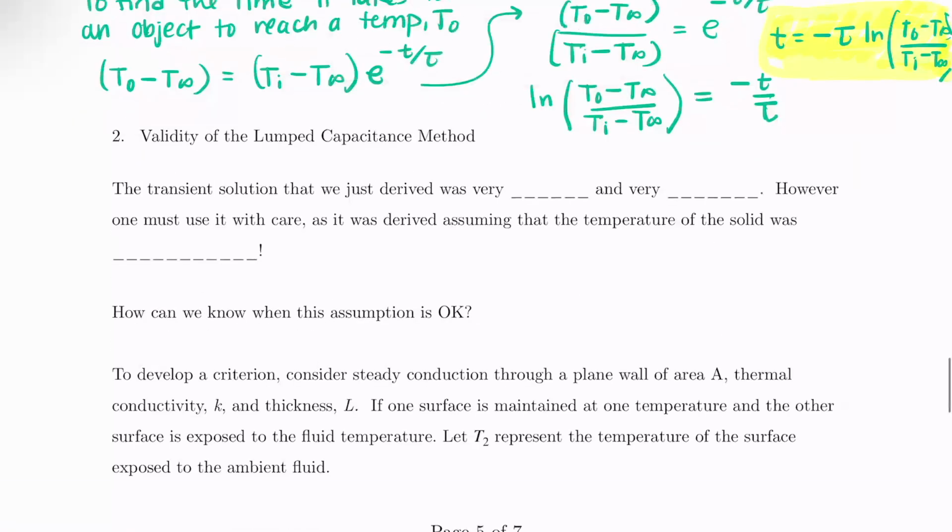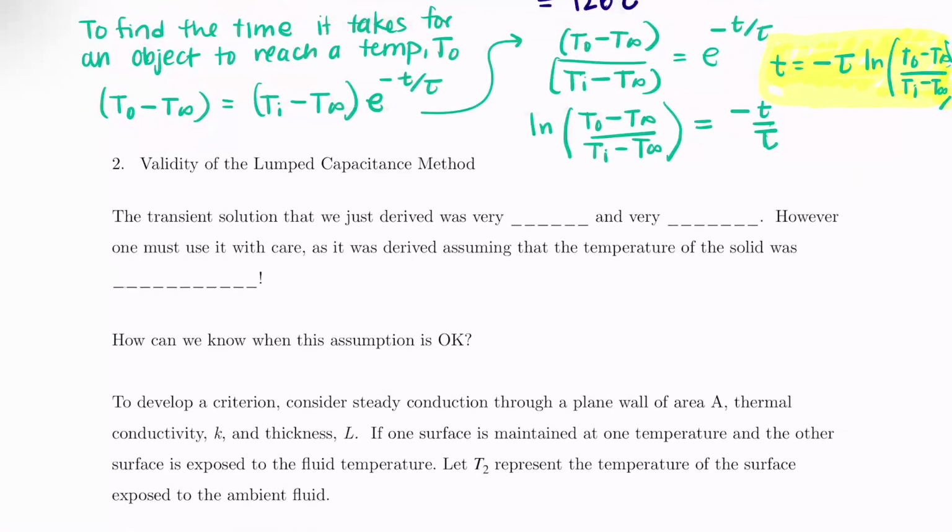Okay, so the last little bit about this is talking about the validity of this lumped capacitance method. So this equation that we derived, so this transient solution we found, is very simple, and it's also very useful. But if you remember, we made some assumptions when we derived this equation. And that was that we assumed the temperature of the solid was spatially constant, right?